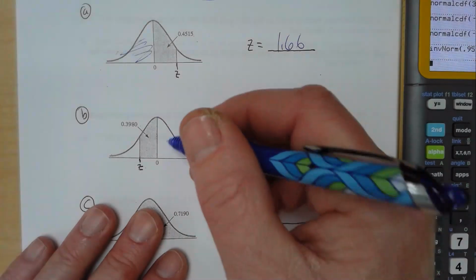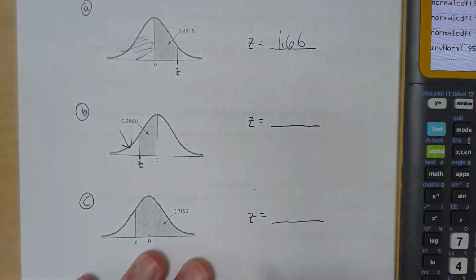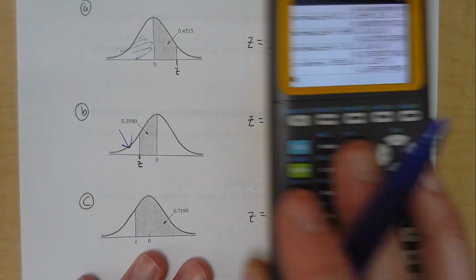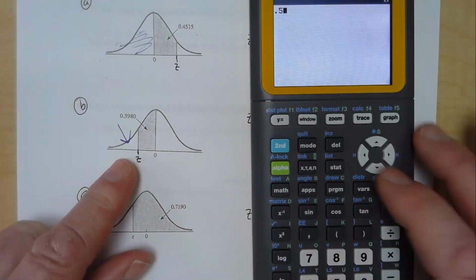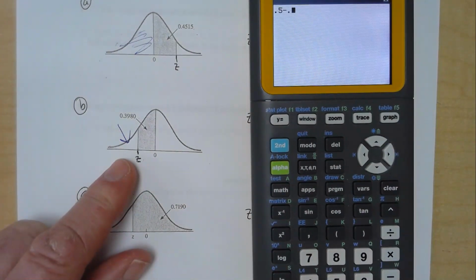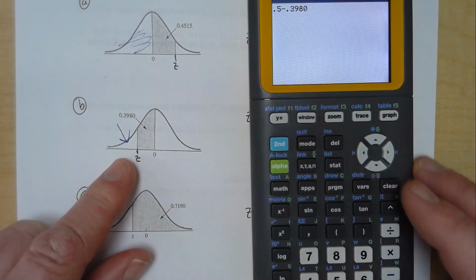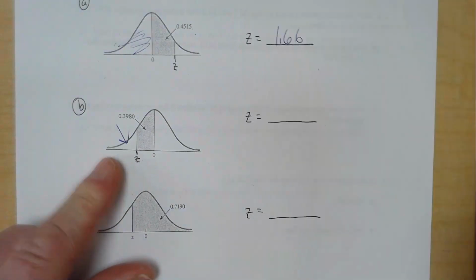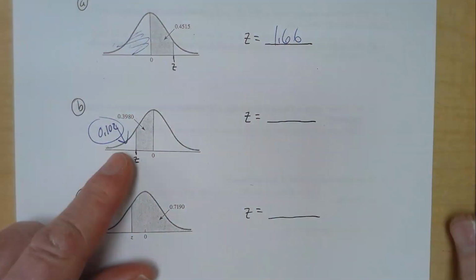So what we're going to do here is figure out that part right there, and then from there over, we could do left, and then we know what that is. So let's see, 0.5 minus 0.3980, okay, enter. So we know that 10% is over here, 0.102.